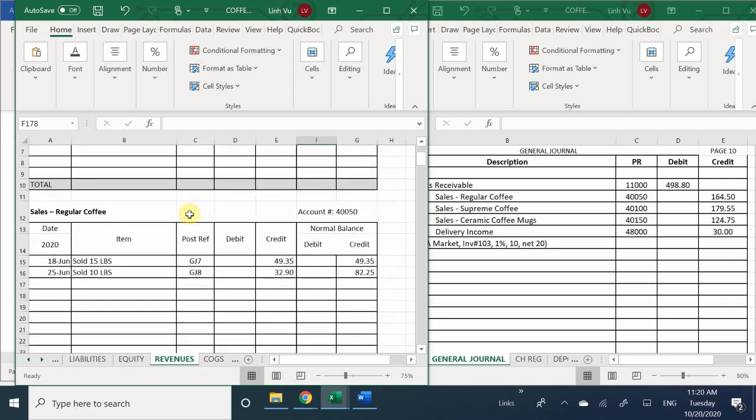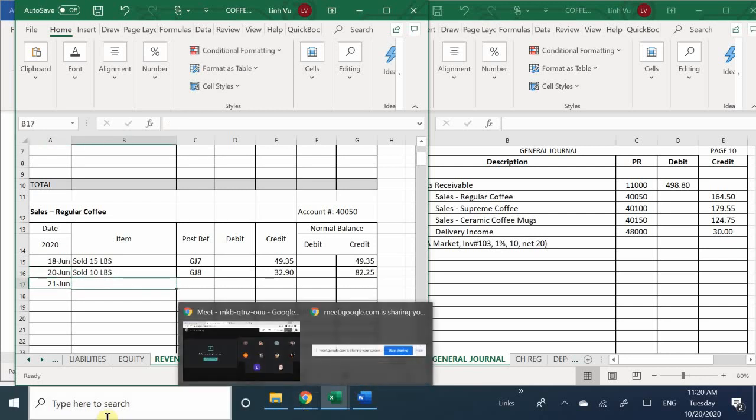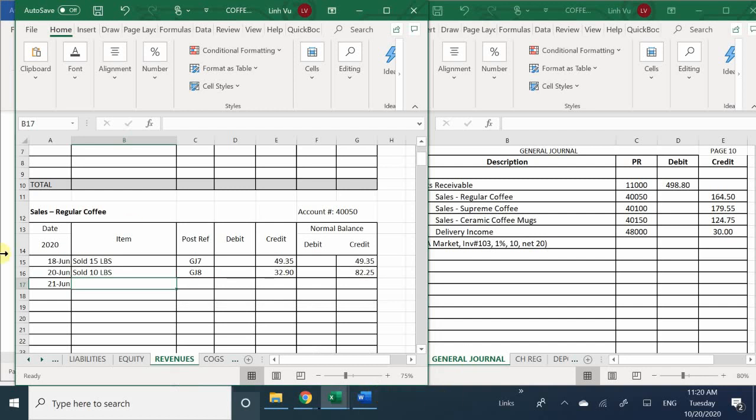The first one I have here is sales regular coffee. Okay, I wrote the wrong date for that one. So I'm assuming it was 6/20. All right, so how many pounds did I sell to Super A? 50 pounds.